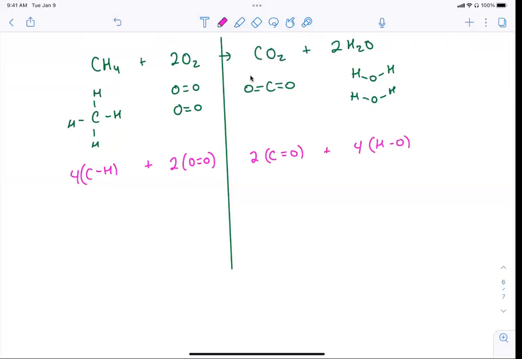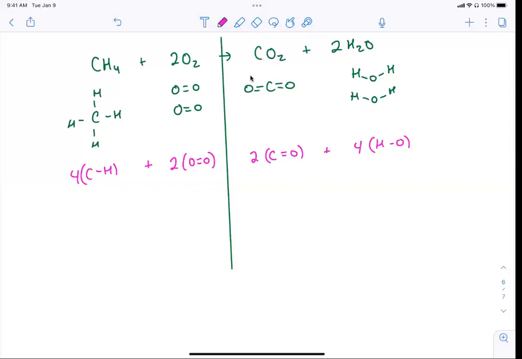But each bond is its own value. Yeah, so that's the important thing of drawing it out, right? Every CH4 has 4 CH bonds. Yes, Corinne. Wouldn't it be 4 O to O? No, because O to O double bond has a different value than O to O single bond.